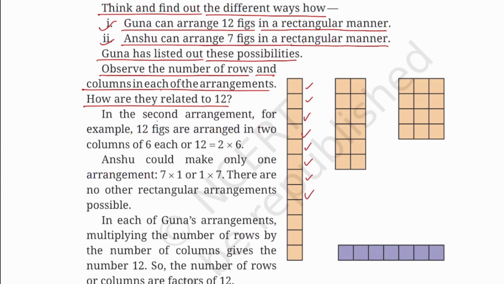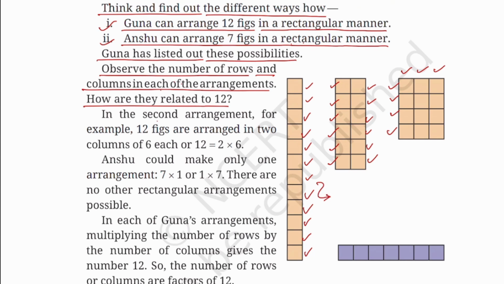Similarly, you can see two columns with 6 spaces in each column. Similarly, you can see a rectangular arrangement having 3 columns and 4 rows.